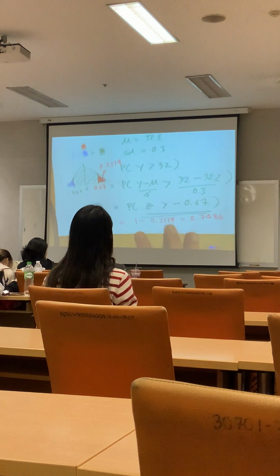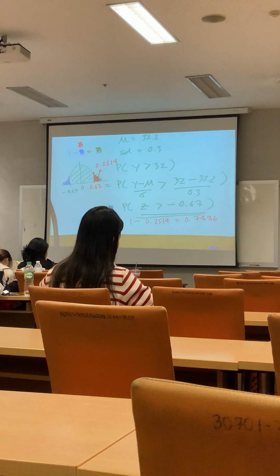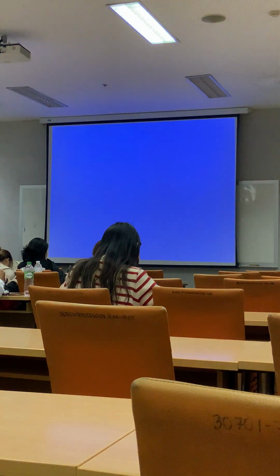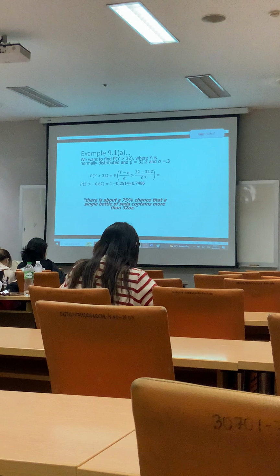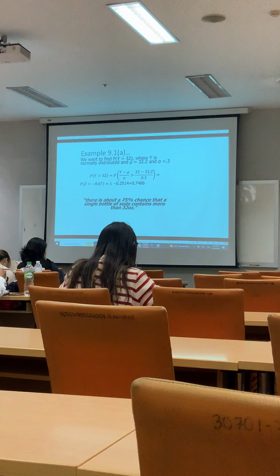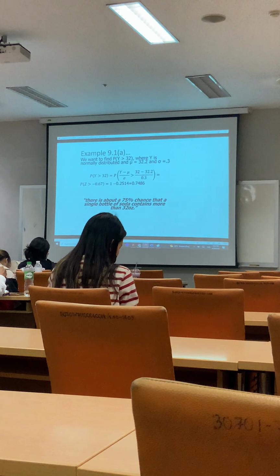Now, that is this here. Okay? So, this is what you have seen before from the normal distribution. There is about 75% chance, or 74.86% chance, that you're going to observe a bottle of soda that contains more than 32 ounces.